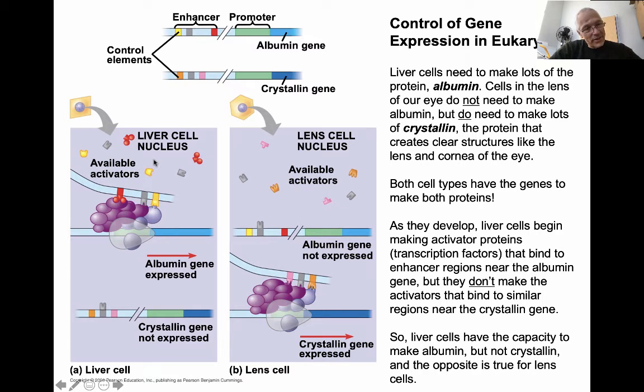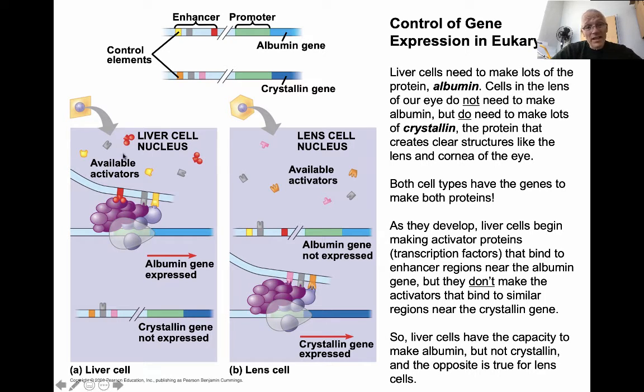Lots and lots of activators and lots of repressors too. In the liver cell, activators are produced that bind to DNA and switch on the gene for making albumin. And so the liver cell starts to act like a liver cell.